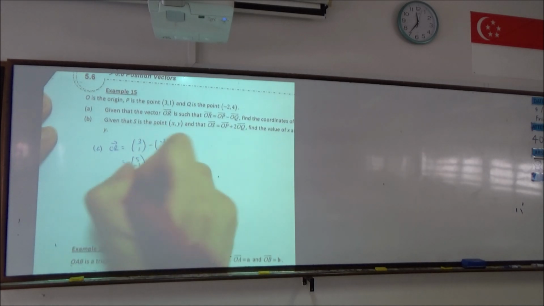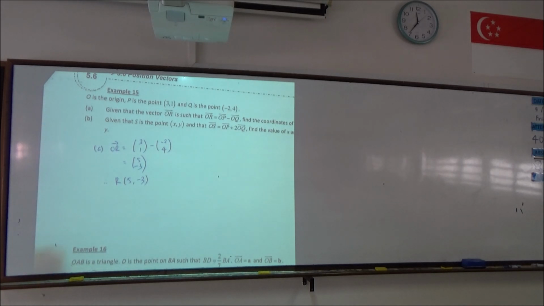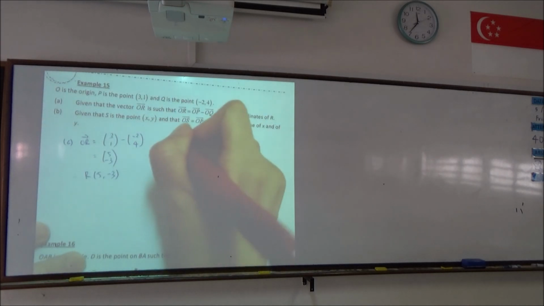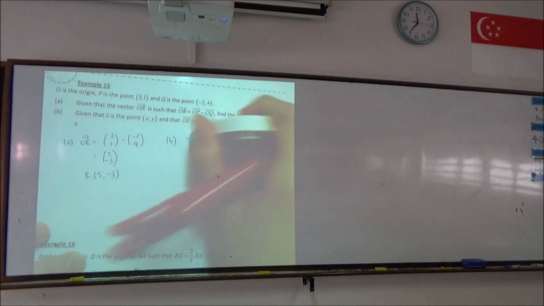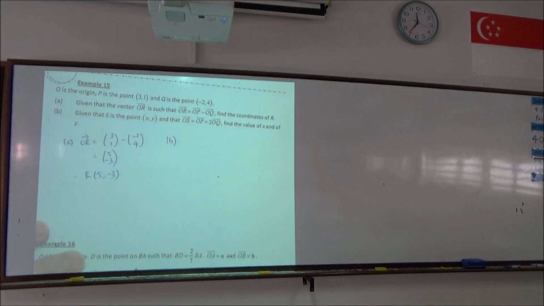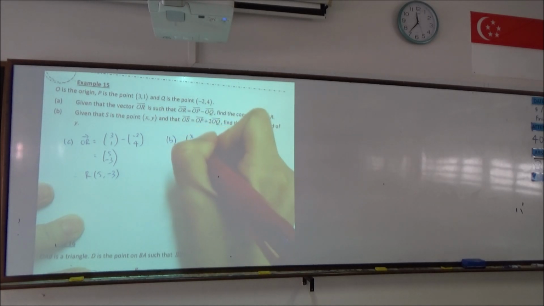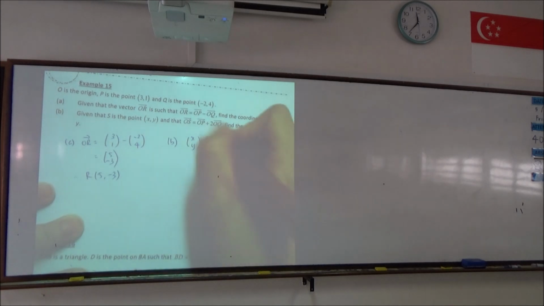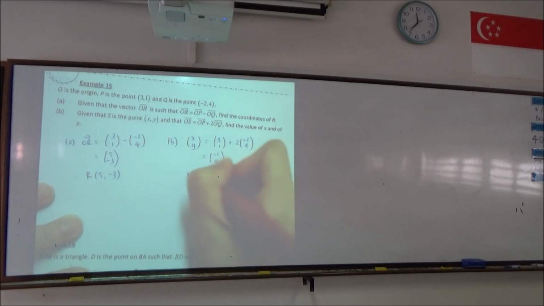Therefore, the coordinates of R are (5, -3). For part B, we are given that OS equals OP plus 2OQ, with coordinates x, y. We find that x is negative 1.